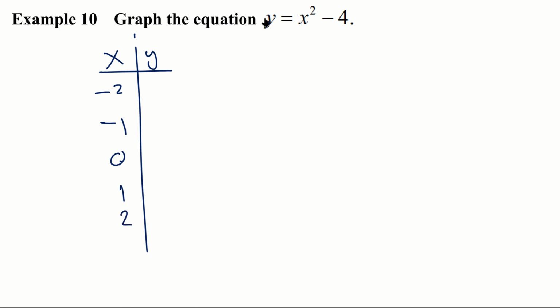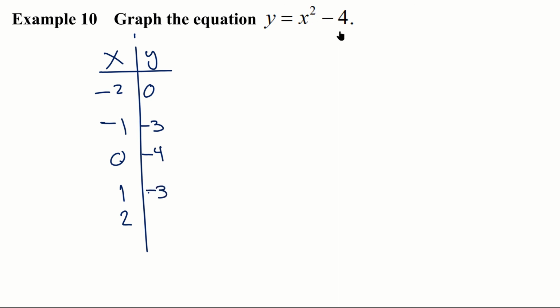So when I plug in -2, I get the square of -2 is 4 minus 4 is 0. -1 gives me the square of -1 is 1 minus 4 is -3. 0 squared is 0 minus 4 gives me -4. 1 squared is 1 minus 4 is -3.